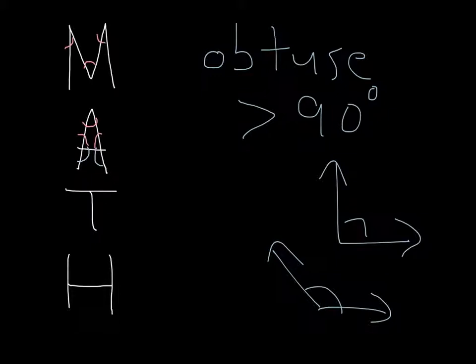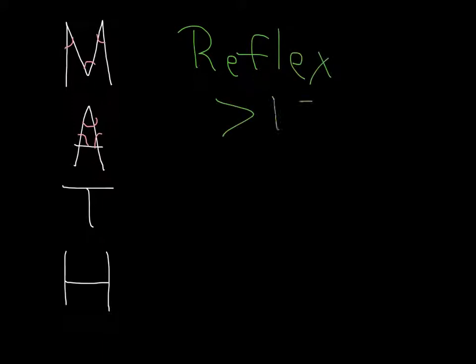Now there's actually one more kind you may not be familiar with. There are angles that are greater than 180 degrees, and those are called reflex angles. Now here's what that means. 180 degrees is the measure of a straight line. It's halfway around a circle.